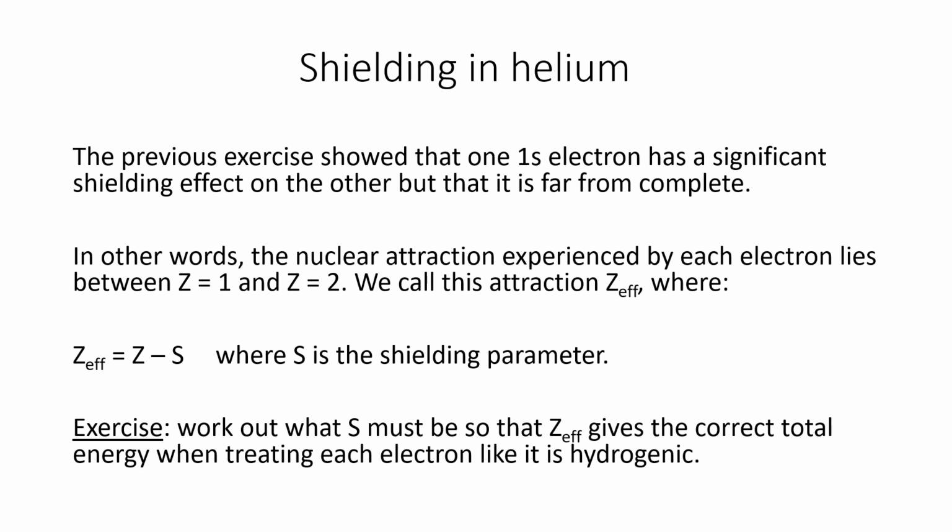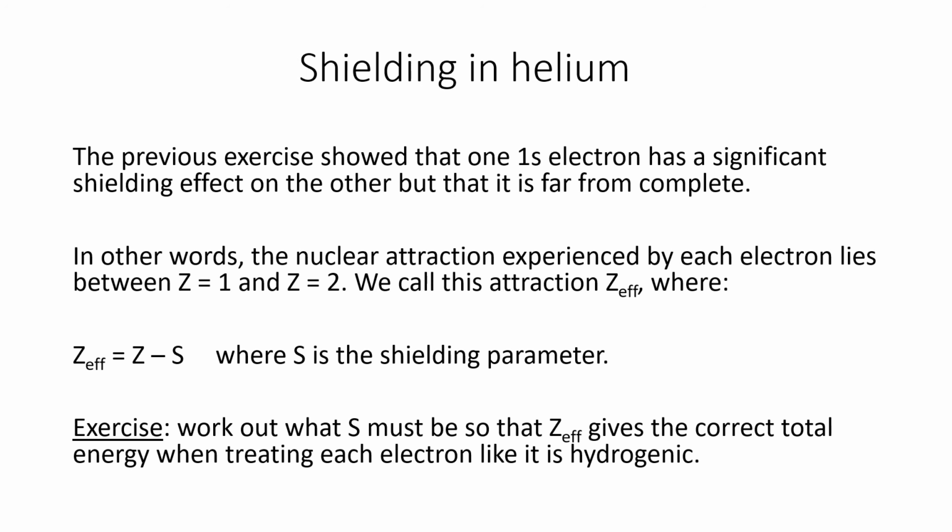And so this is the next little exercise for you to think about. One little tip I'd give you is to remember that the total energy is the energy for the 2 electrons combined. But this idea of the effective nuclear charge, we're going to be substituting into our equation for 1 electron, its energy.